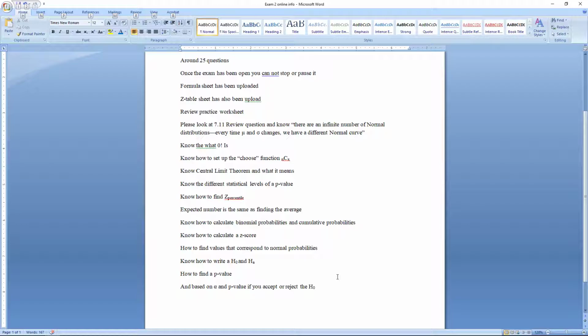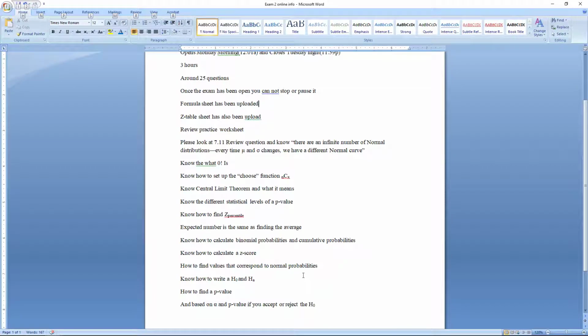If your p-value is greater than your alpha level, then you will have to, what we call, accept a null hypothesis, or you fail to reject your null hypothesis, which is the more correct way to state that.